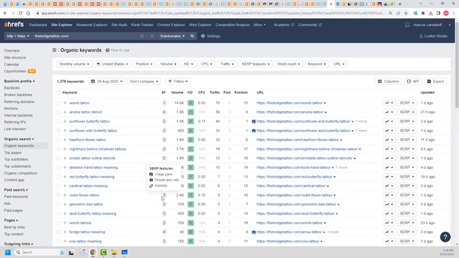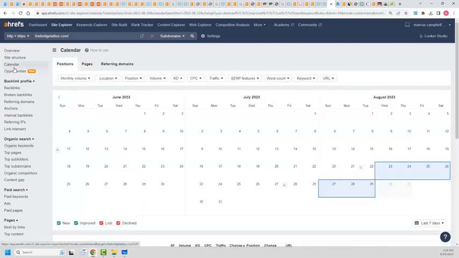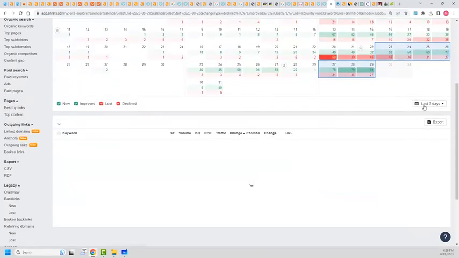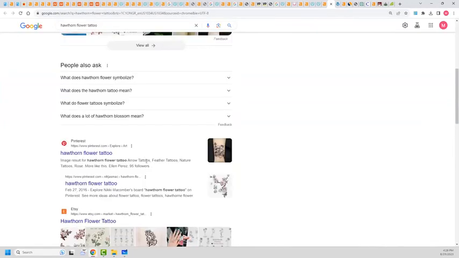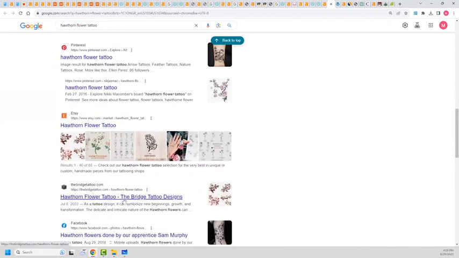That's good news. If we look at your calendar, it's probably just climbing like crazy. And that does show you that what Marcus says usually does pan out. Usually does work, right? Been doing this a bit, so I kind of know stuff. We could see here, he is showing up, right below Pinterest and Etsy. That's pretty good. So awesome.